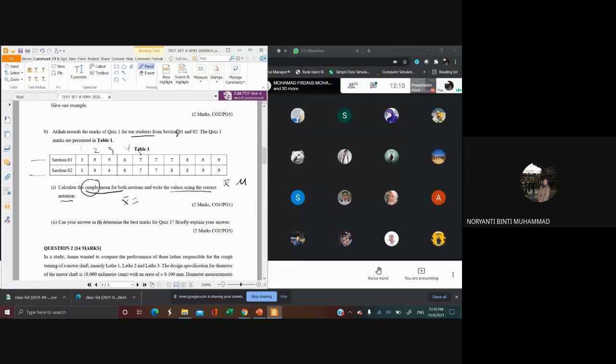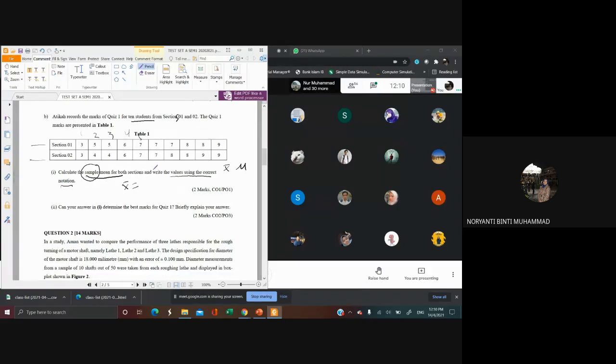But today it's just a discussion. So if you look at your calculator for section 1, your X bar is equal to 6.5, and for section 2 you get 6.5 as well.